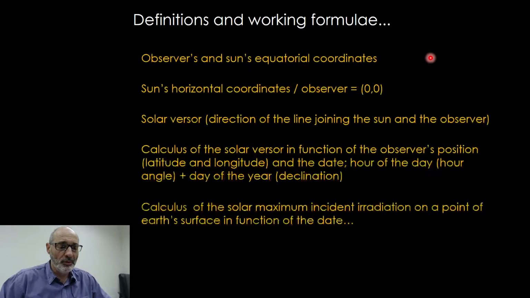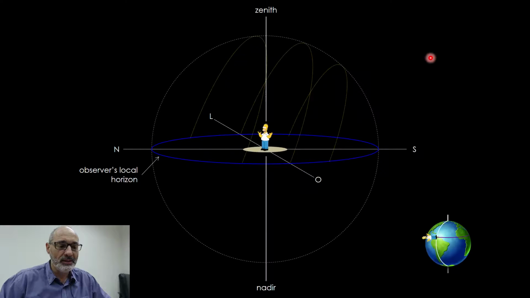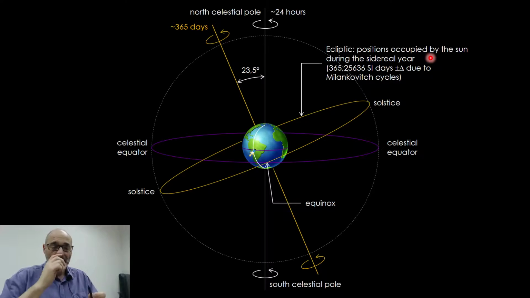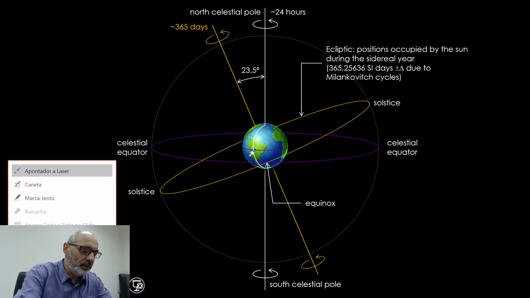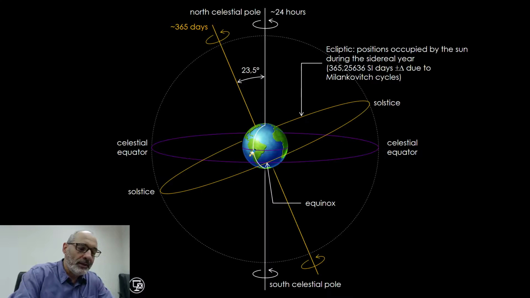Let me just go back some slides to show you where you can visualize this. So n actually is a partition of the ecliptic.